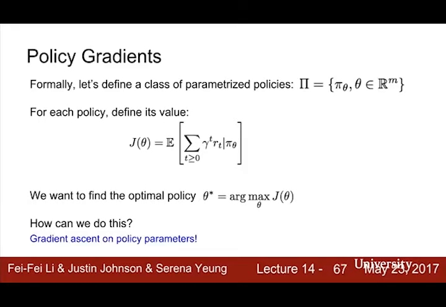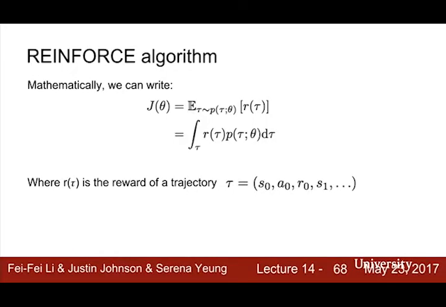Okay, well, what we can do is just gradient ascent on our policy parameters, right? We've learned that given some objective and some parameters, we can just use gradient ascent in order to continuously improve our parameters. And so let's talk more specifically about how we can do this, which we're going to call here the REINFORCE algorithm.